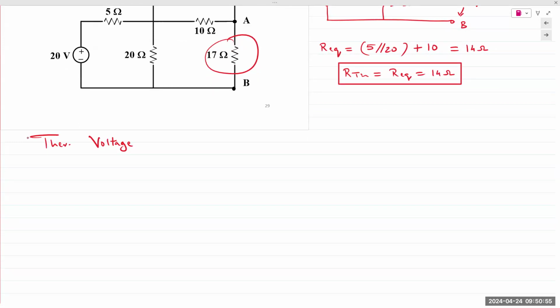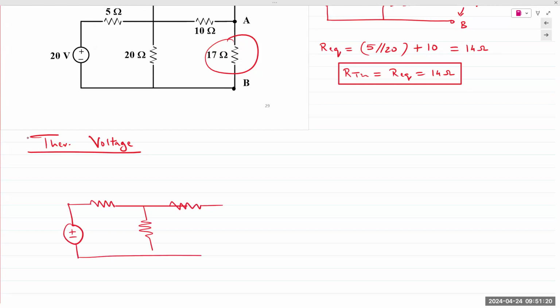Terminals A and B are open, and you analyze the circuit between those terminals to find the open circuit voltage. 10 ohms, 20 ohms, 20 volts, plus minus.